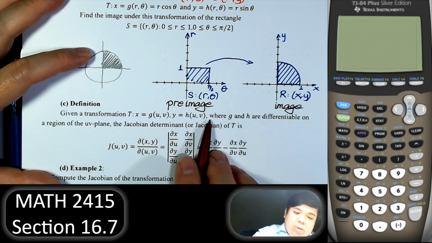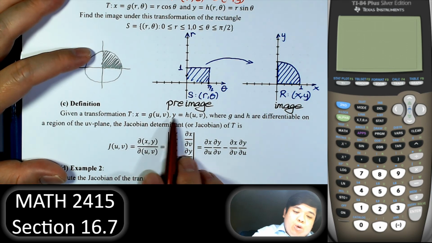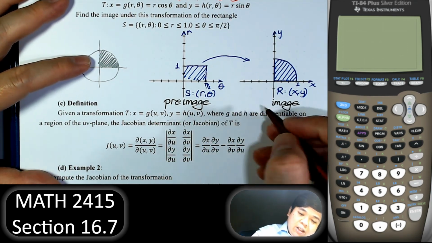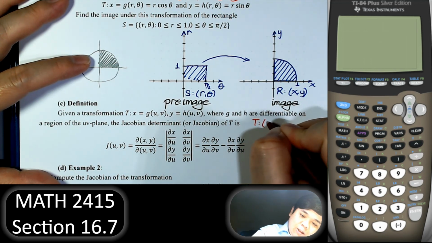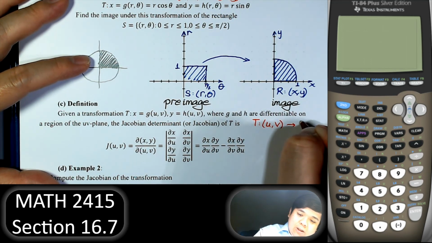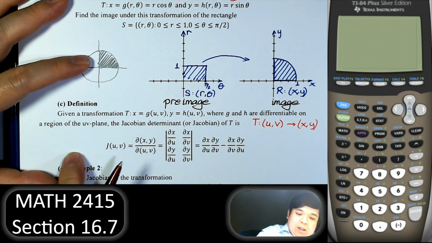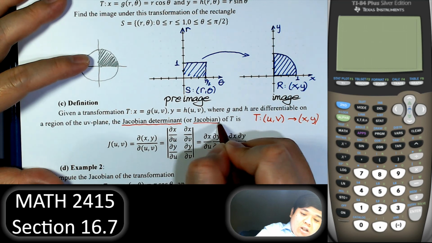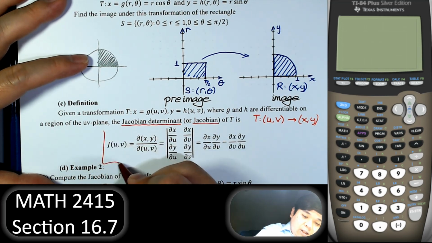So when we have a transformation from uv to x and y, then the Jacobian determinant, or just Jacobian, is this.